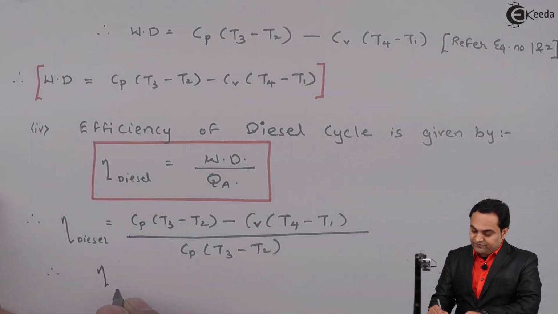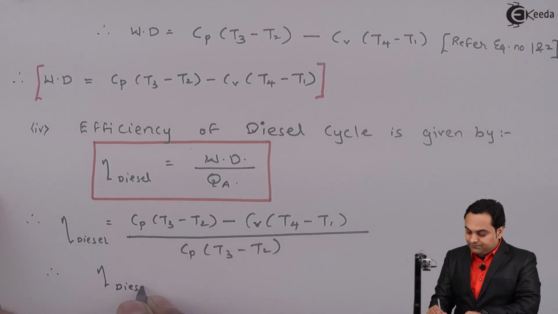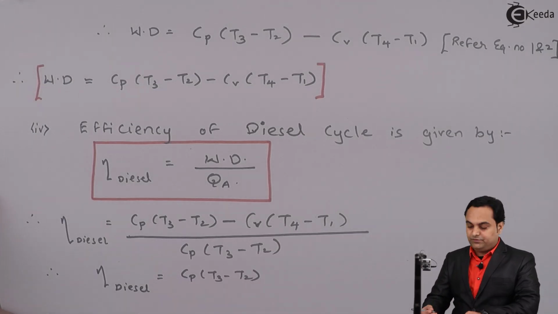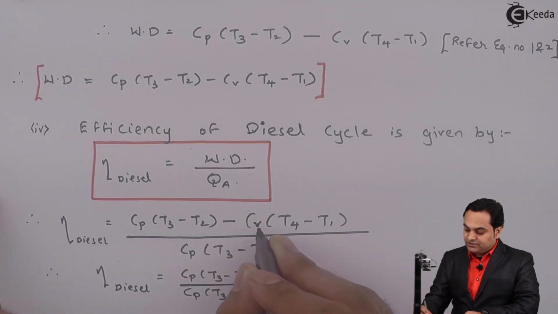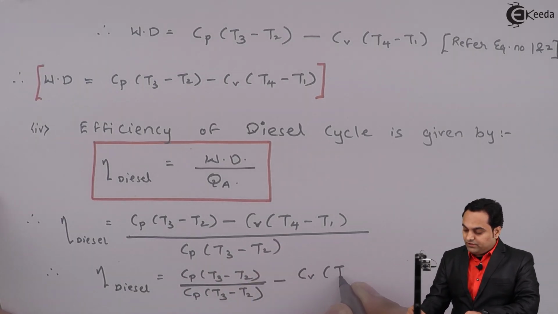So therefore, I'll write this as efficiency of diesel cycle is equal to, I'll keep Cp (T3 minus T2) as it is in the numerator. Now this denominator is common to both the terms. So here I'll write down Cp (T3 minus T2) minus Cv (T4 minus T1) as it is, divided by Cp (T3 minus T2).